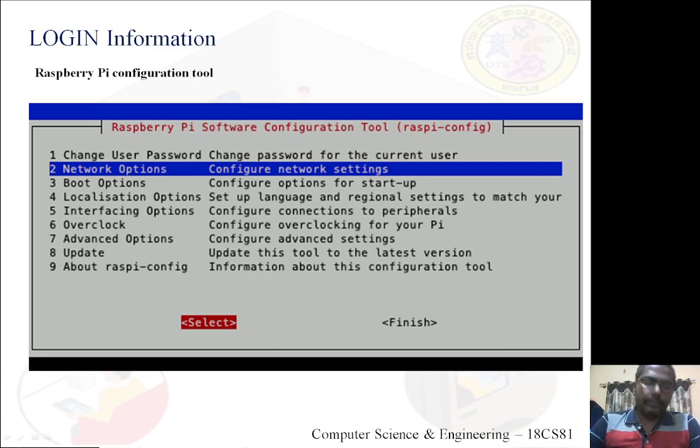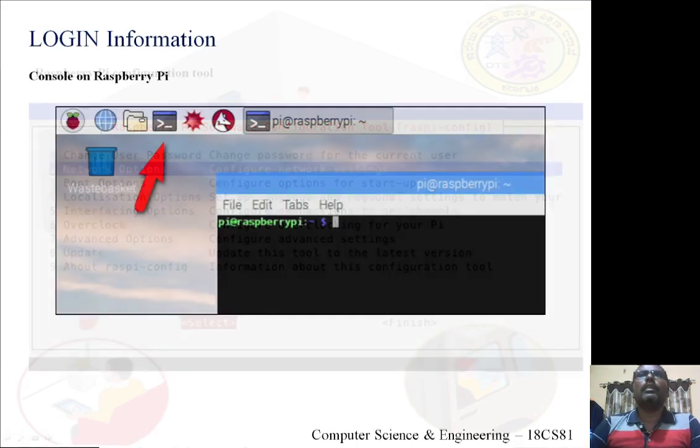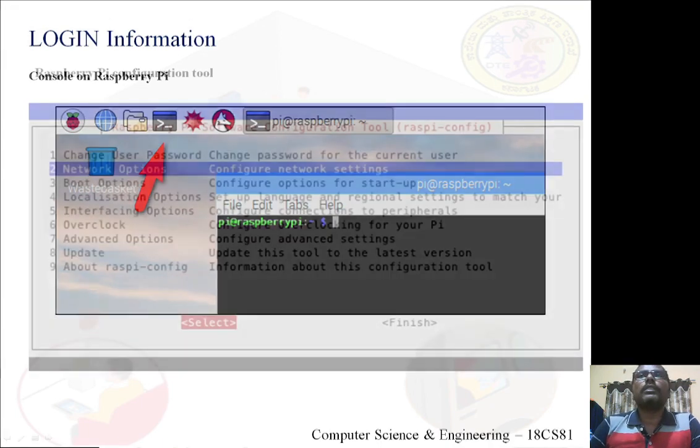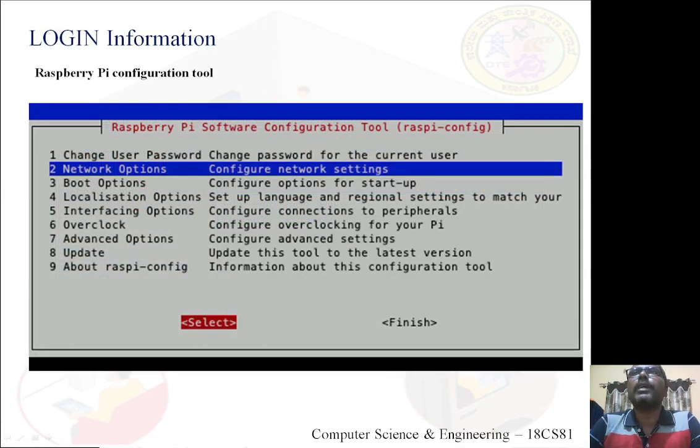See here in this console, you just type the command raspi-config. This window will appear. Here you can set date, time, region, and other things.